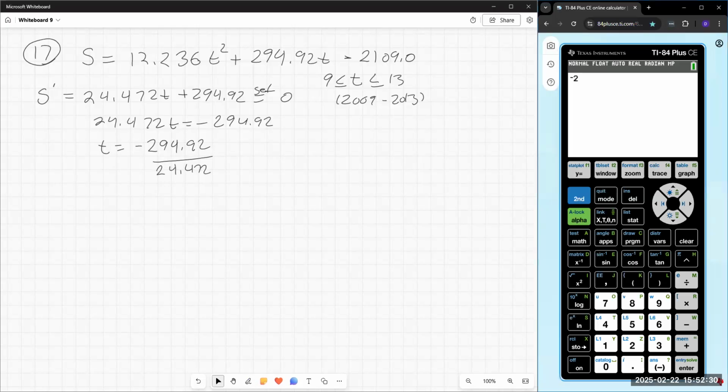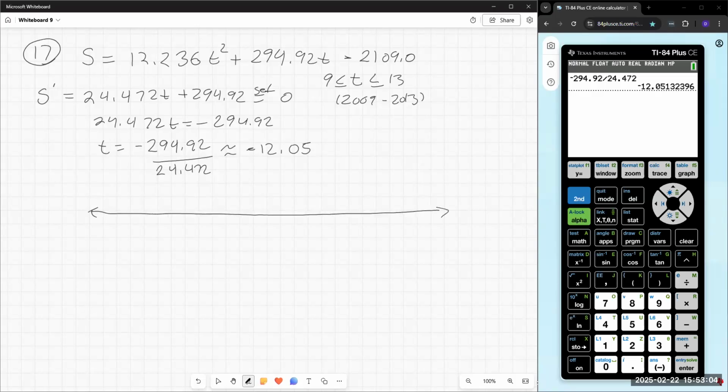Negative 294.92 divided by 24.472 is going to be about, I don't need this to be perfect, but about negative 12.05 is good enough for the purposes of this problem to know that it is negative 12, which is far below negative 9 or positive 9 that I'm interested in.